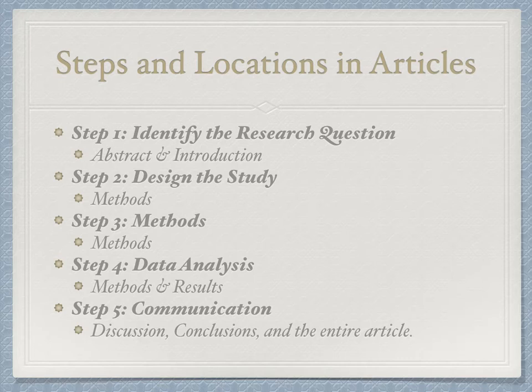So again, the point of this presentation is just to help you understand where we can find the 5 steps of the research process in any journal article. They should be found here, and we use these steps to design a research article, and we'll use these steps in our research paper within ATR 590.